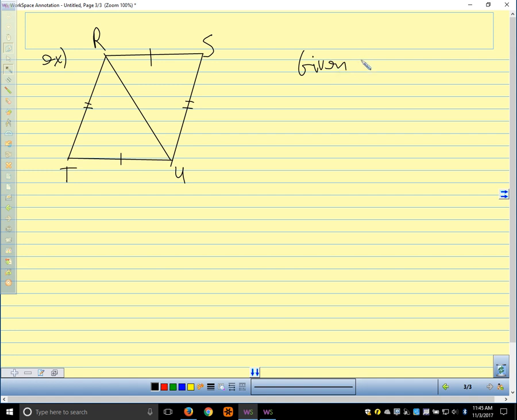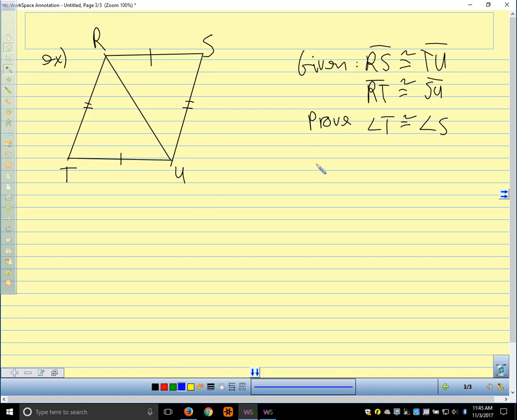We're going to be given just what we've marked here. The segment RS is congruent to segment TU, and segment RT is congruent to segment SU. And we want to prove that angle T is congruent to angle S. So we want to prove that this angle is congruent to this angle.